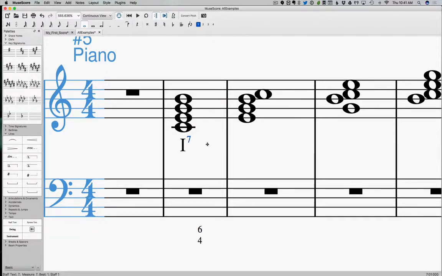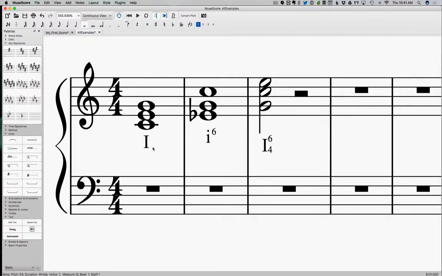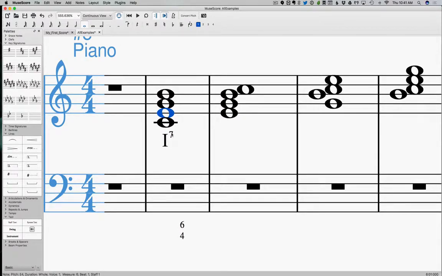So if we saw 1 7 like that, that means root position. Because, for the same reason as before, our biggest interval is a 7th. From the lowest note to the highest note, it is a 7th. Inside of it, we have a 5th and then a 3rd. So kind of like this being 5 3, we leave off that 5 3 because we don't need to see it. It's assumed. So this is technically 7 5 3, but we leave off that 5 3 and we just say 1 7. Root position 7th chord.